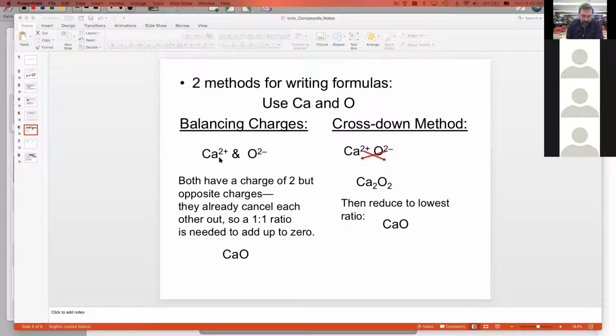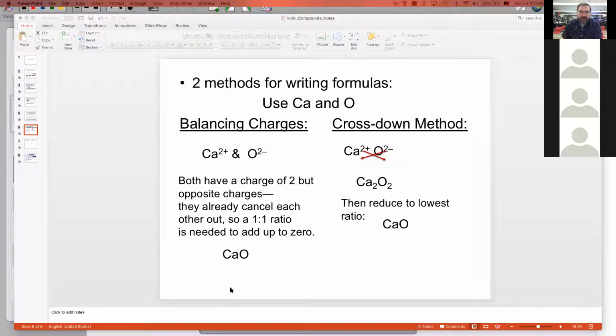So if these 2 ions get together, because they have equal charge, there's a charge of 2 plus and a charge of 2 minus. 2 plus and 2 minus gives you an overall or a net charge of just 0. Their charges will cancel out. So you only need them to be in a ratio of 1 to 1. So the compound that's formed between calcium and oxygen has a formula, CaO. The ratio is just 1 to 1. Another method that people use is what's called the cross-down method or the crossover method.